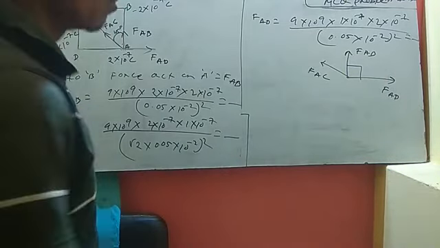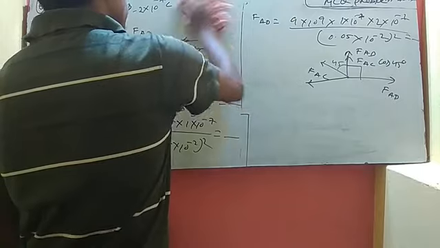FAC has two components, one vertical and one horizontal. If the angle is theta, suppose this is the force F, then this component is F cos theta and this component is F sin theta. We already know this from first year class.